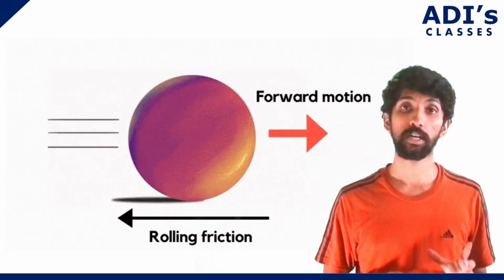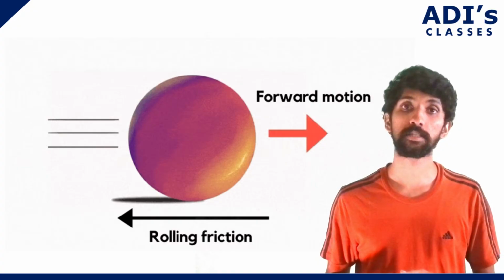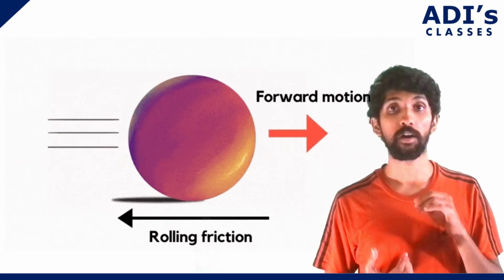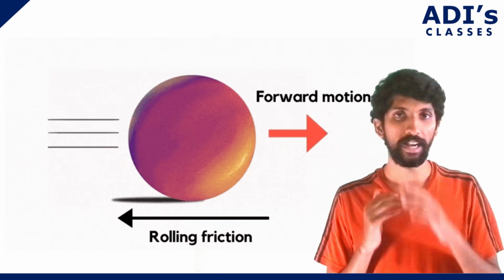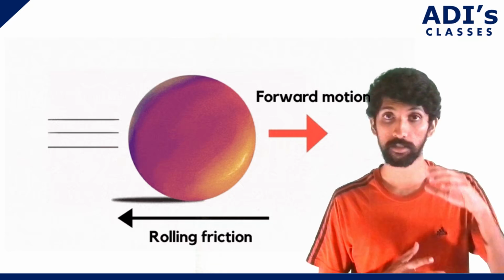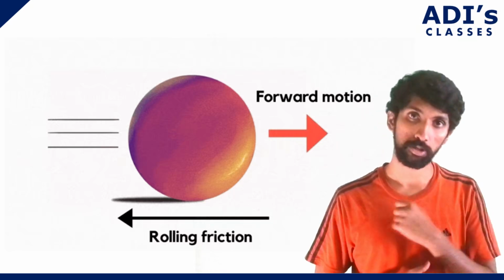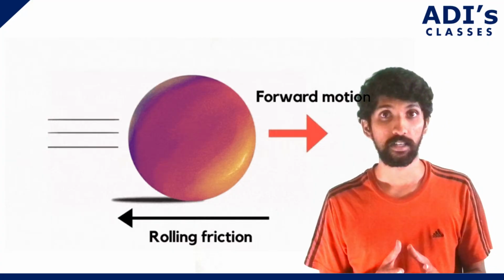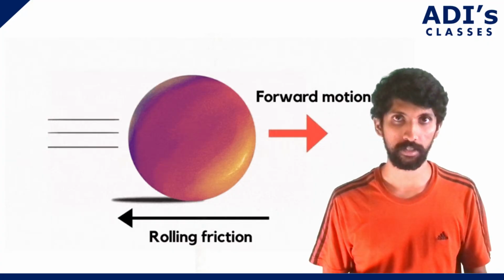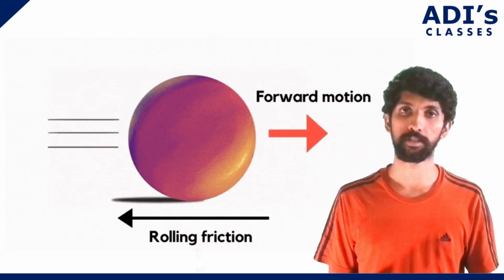Let's say the sphere started rolling. Since both surfaces are smooth, ideally the sphere should never stop. It should keep on going. That's an ideal case. But actually speaking, that doesn't happen, right?